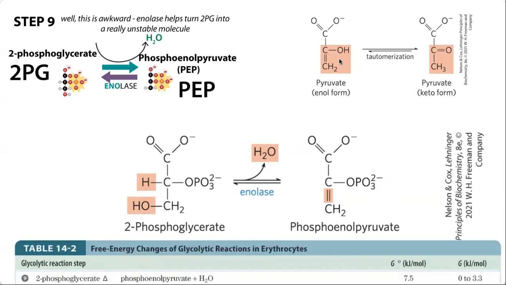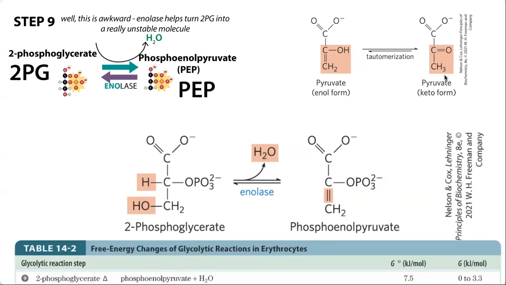And with an enol, you can get tautomerization where you switch between an enol form and a keto form, like a ketone. If you think about moving these electrons over to here, and then moving over a proton, you can switch between these 2 forms.